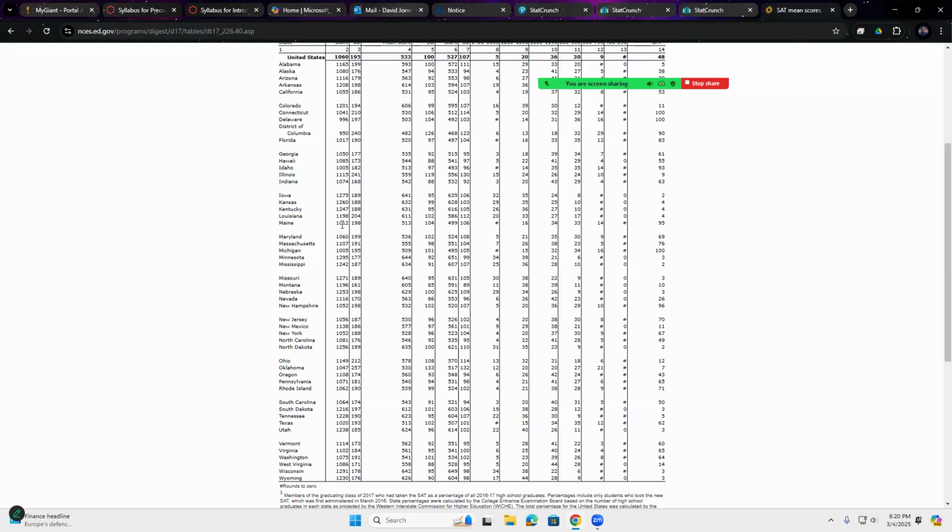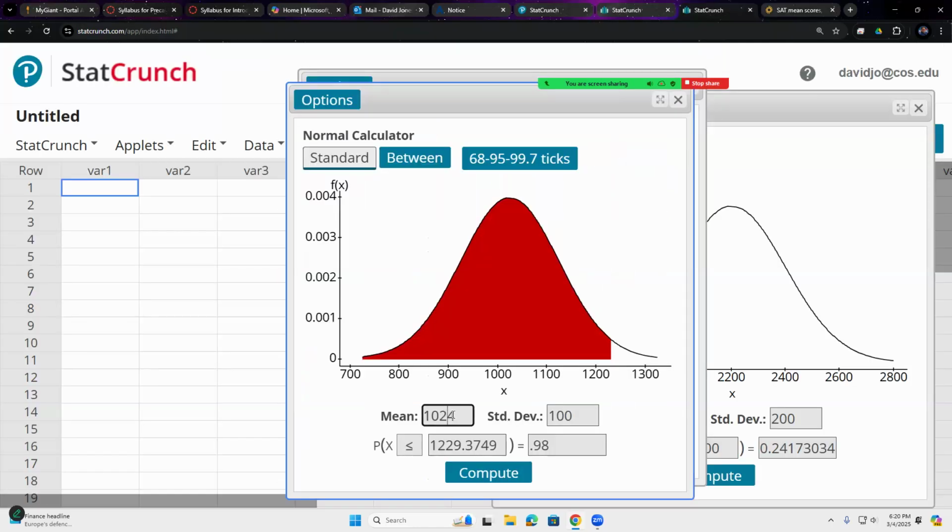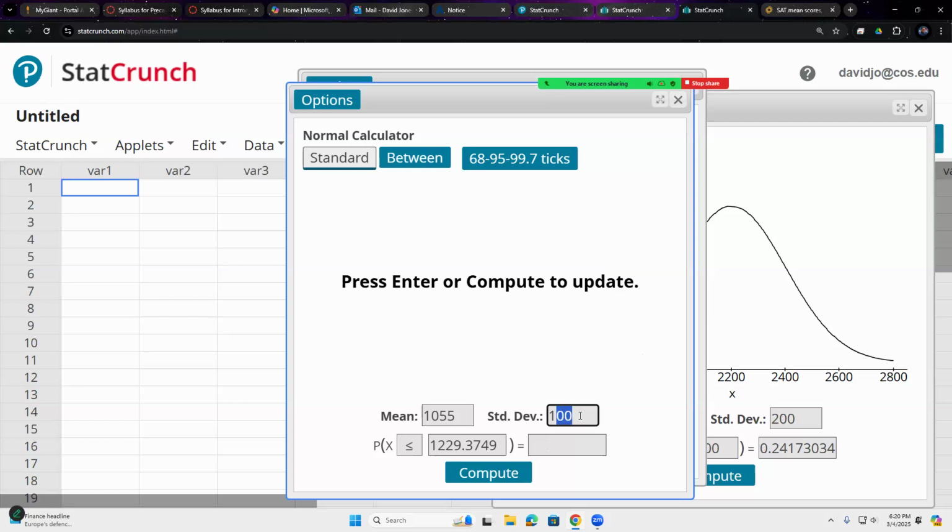There's a lot of them that have, let's see, California, we had a mean score of 1055. Look at some of these other states, Iowa, 1275, a lot higher. Standard deviation, there's the kicker of what they got wrong. Let's use what California had, 1055 and 186. That seems more likely. There's no way to get up to 1600 if you got 1024 and 100.